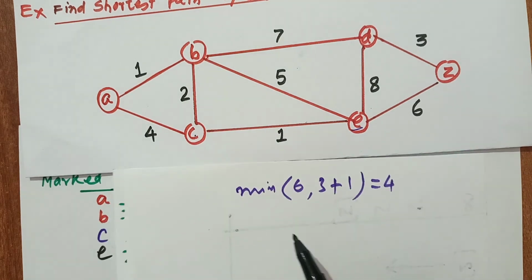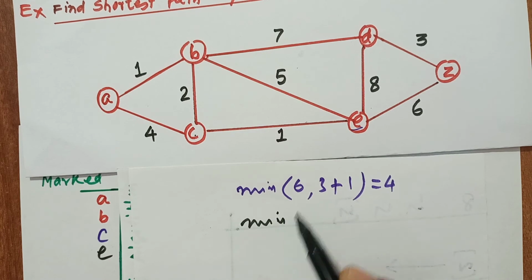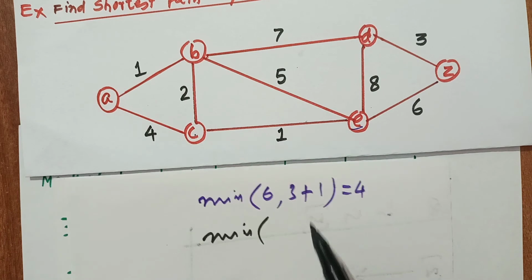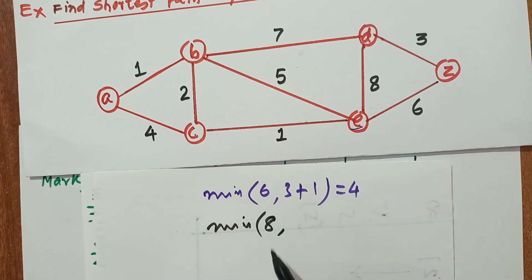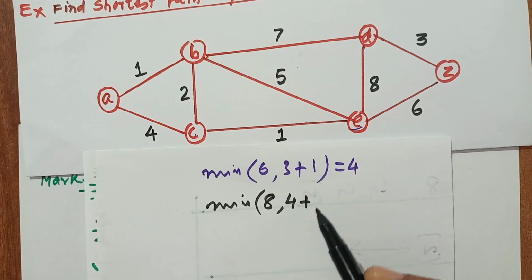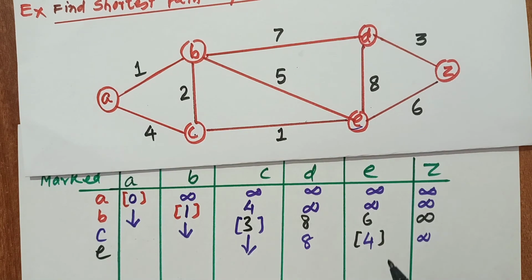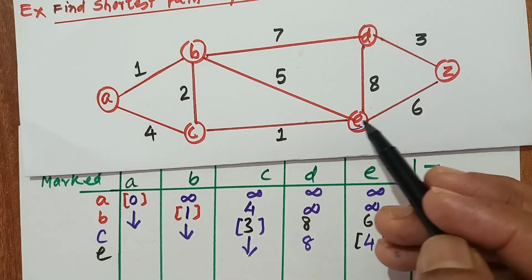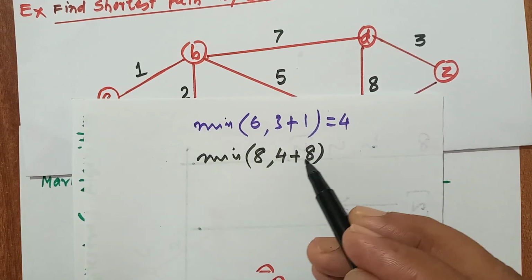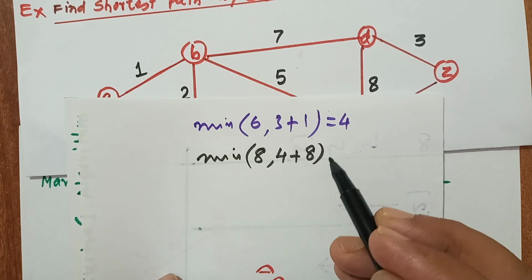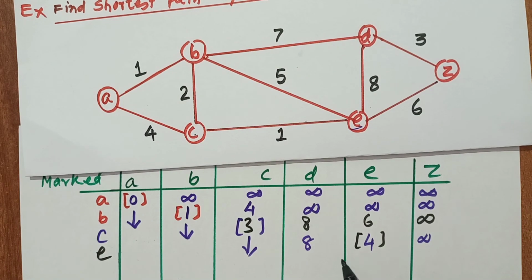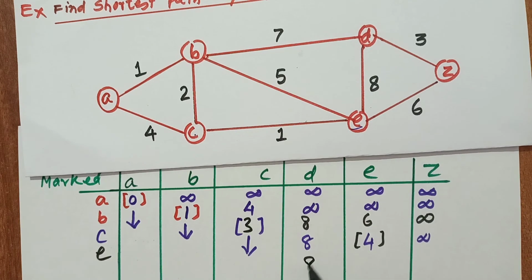The formula is minimum of the old value. So the old value of D is 8. So here we will write 8. What is the marked value? 4 plus what is the weight? So E to D is 8. So we will write 8. 8 plus 4, 12. 8 and 12. Minimum of 8 and 12 is 8. So here we will write E to D 8.